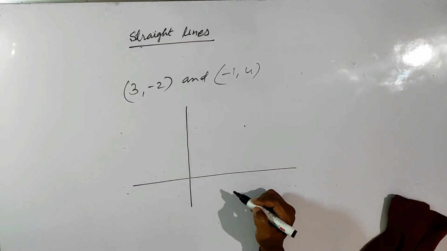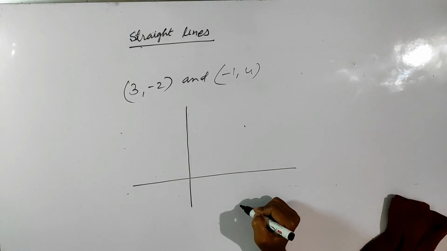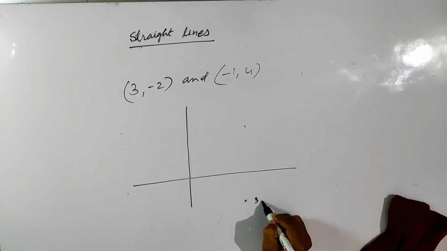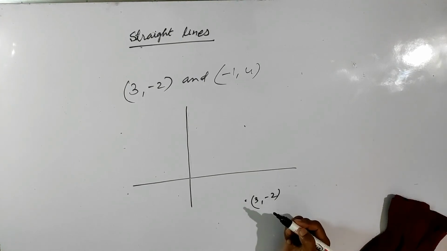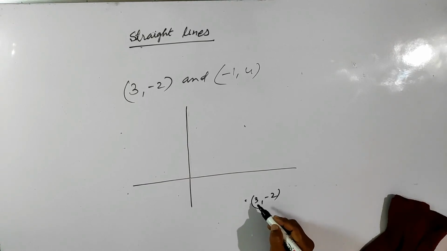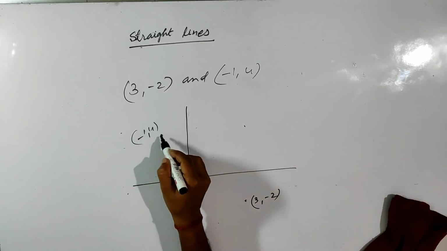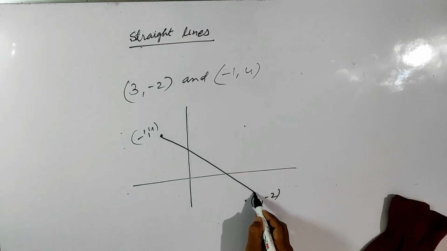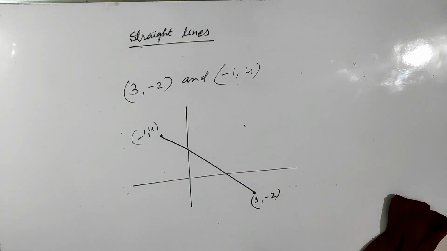Here, 3, minus 2 is somewhere here, and minus 1, 4 is somewhere here. Okay, now we have to get the slope of this.